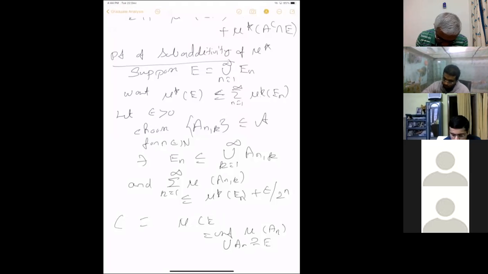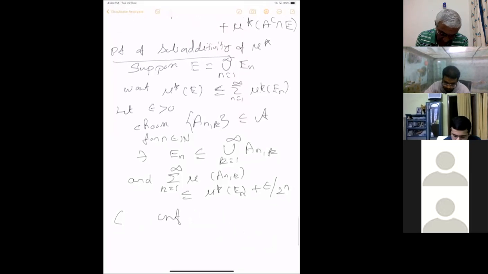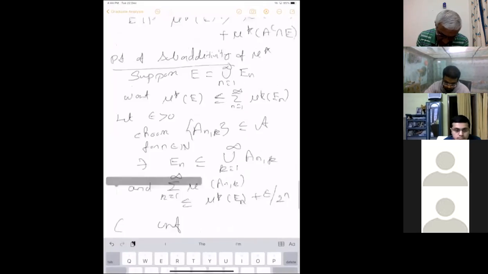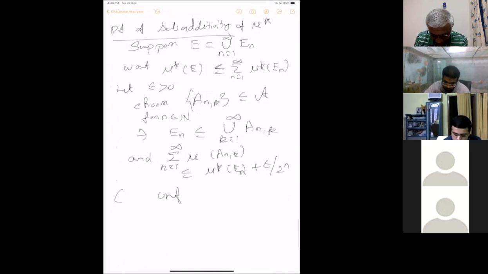Let us take a collection of some numbers, x lambda, where lambda is in some index set, and the infimum equals x.